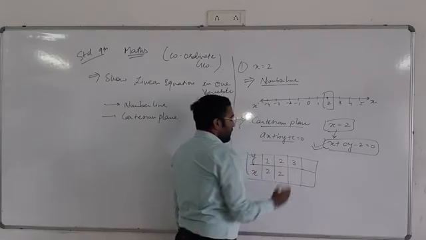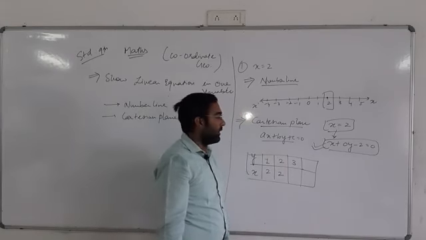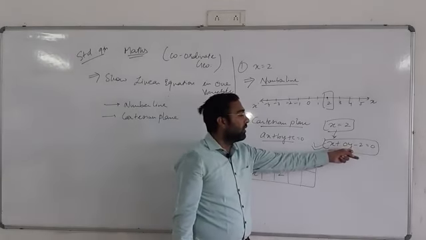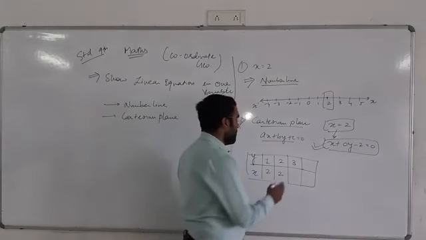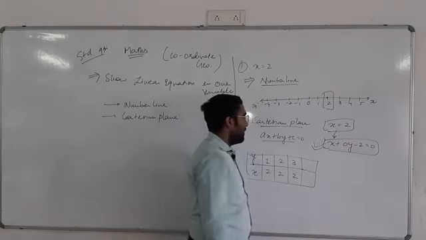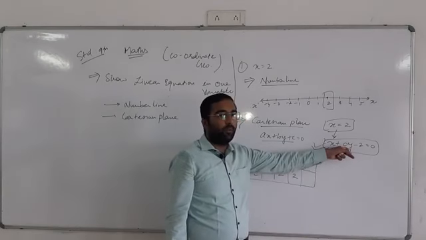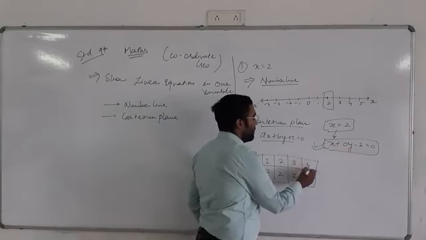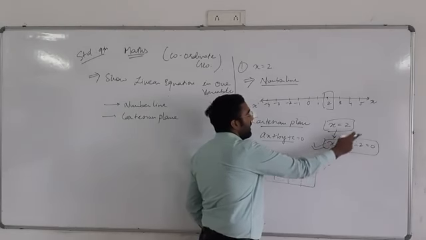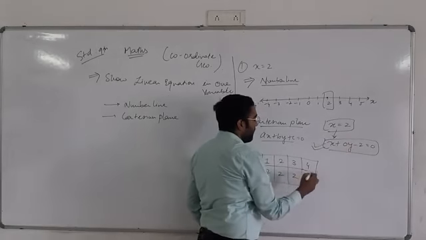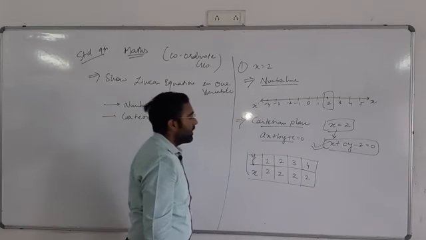When I take y equal to 3, 3 into 0 is 0, and minus 2 shifted to the other side, therefore also x equal to 2. When I take y equal to 4, 4 into 0 is 0, these terms cancel out, minus 2 shifted to that side, therefore x equal to 2.